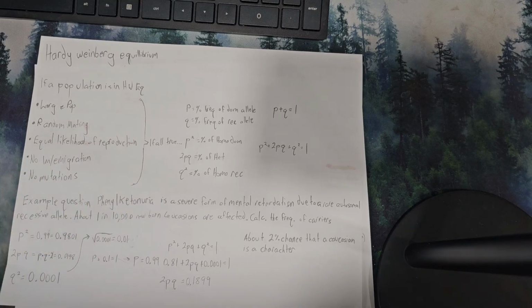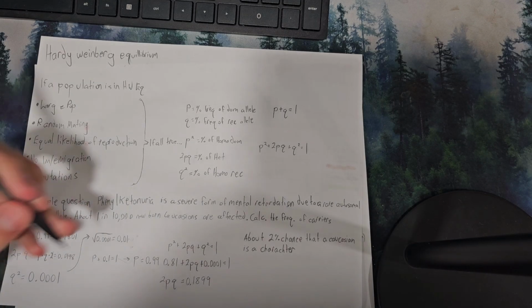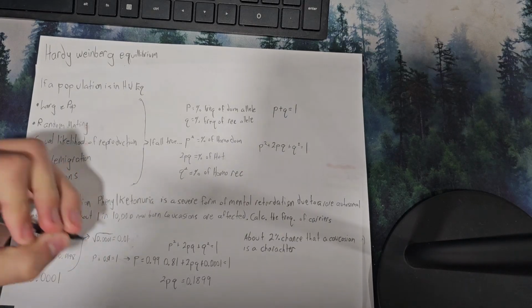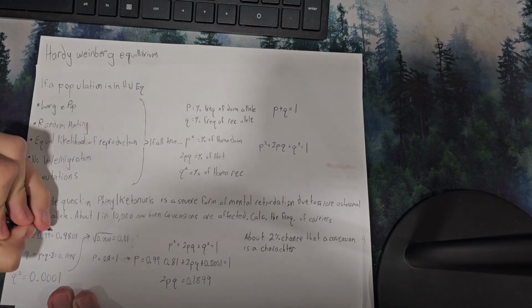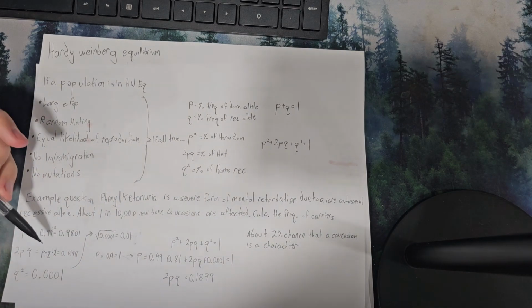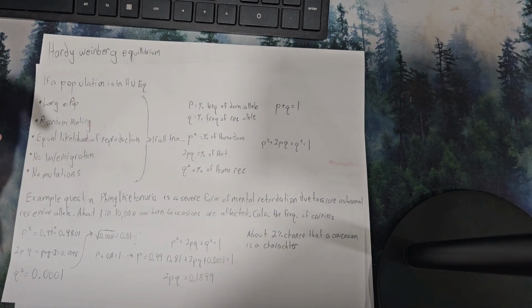Now all we have to do is plug that into this equation. You have p plus 0.01 is equal to 1. So by that logic, you can find out that p is equal to 0.99. Now if you were to square 0.99, you'd get 0.9801.